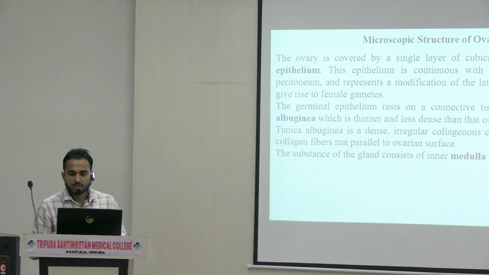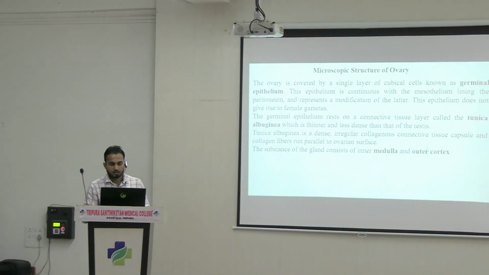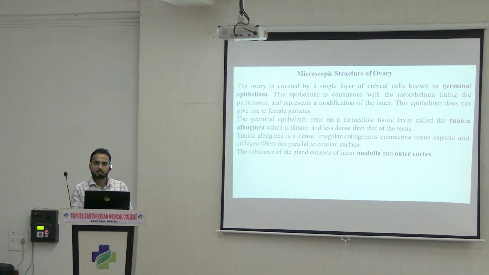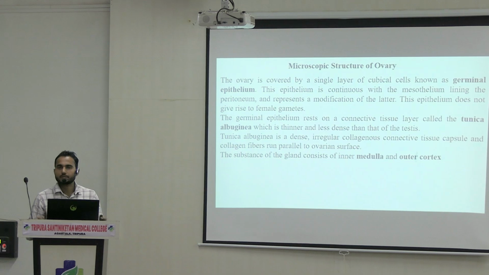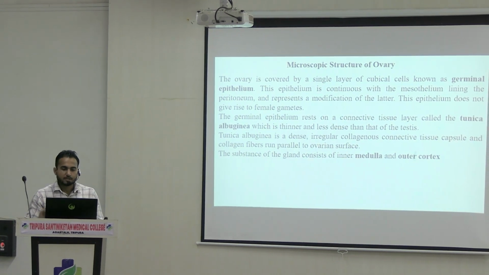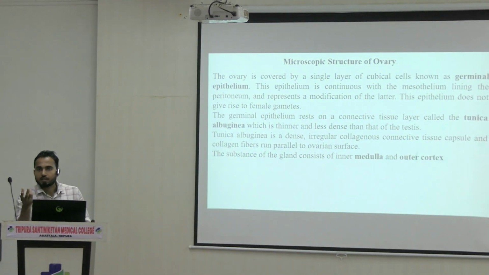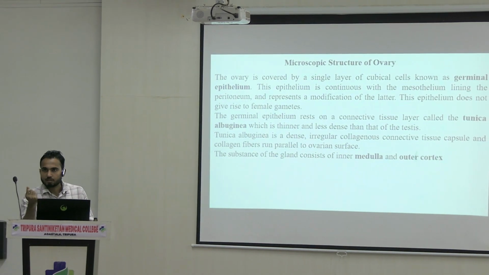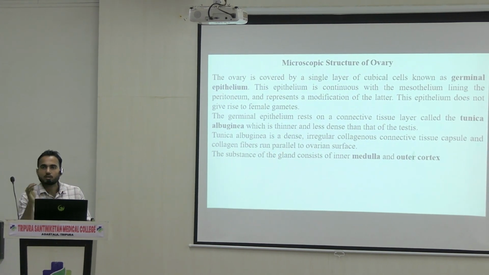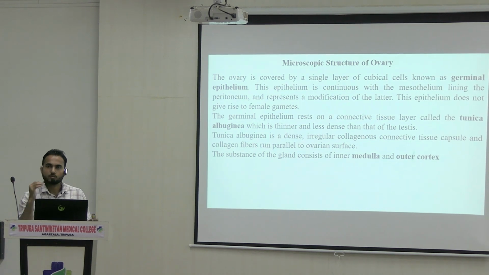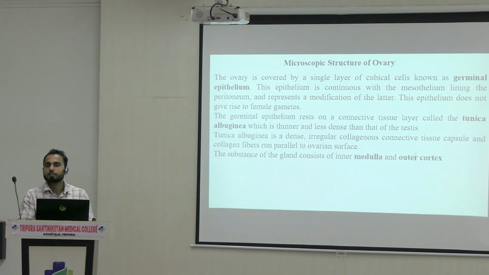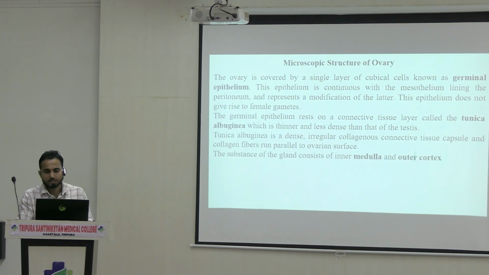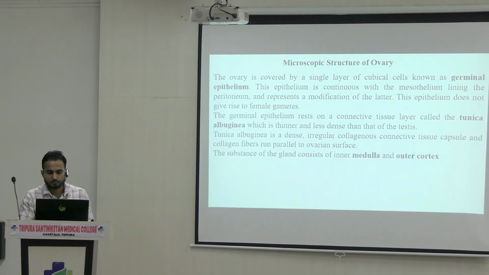So in the microscopic structure of the ovary, as I said, the substance of the gland is divided into two parts, cortex and medulla. The outer part is the cortex, the inner part is the medulla. Next, the lining epithelium will also be there. If you see the outer part of the cortex, outer to that is the lining epithelium of the ovary, which is called the germinal epithelium, which is nothing but simple cuboidal epithelium.